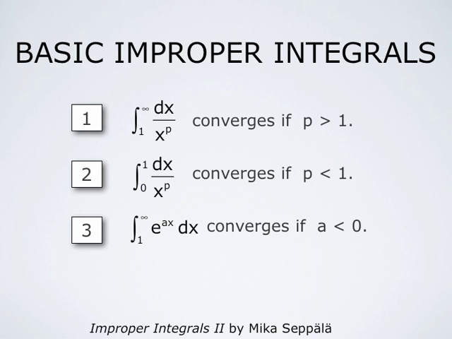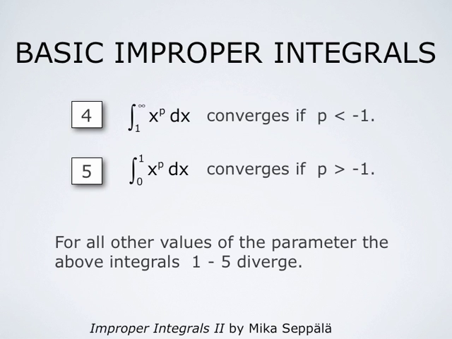The third type is the integral from 1 to infinity e to the ax dx, which converges if the coefficient a is negative. Fourth, the integral from 1 to infinity x to the power p dx. This is similar to the integral of type number 1.